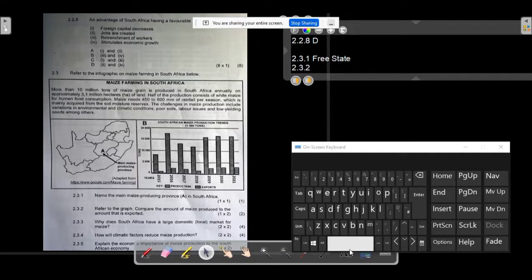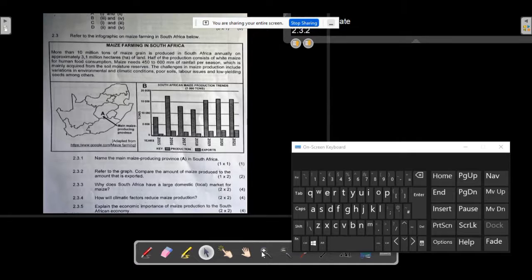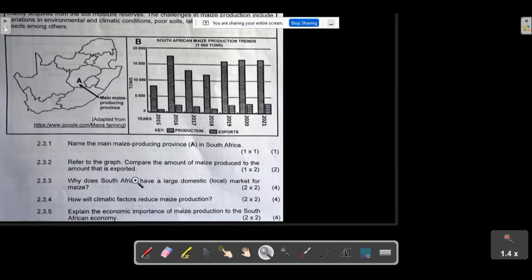2.3.2. Let's zoom in here. Refer to the graph. Compare the amount of maize produced to the amount that is exported.